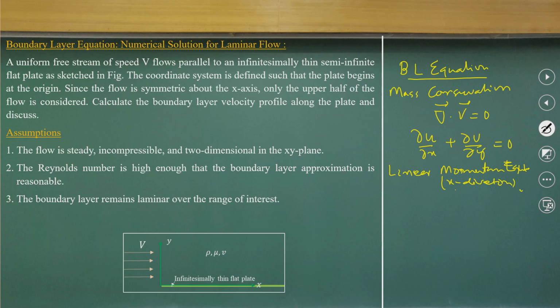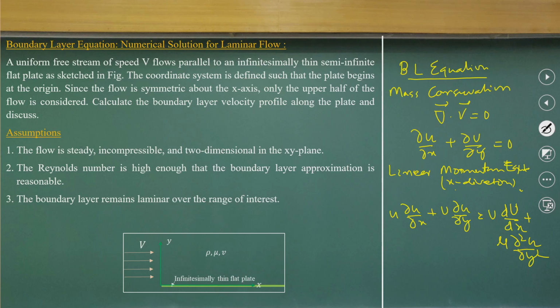That is what comes out to be, as you know: u del u by del x plus v del u by del y is equal to U dU by dx, where U is the free stream velocity, plus nu del square u by del y square. That is the boundary layer equation.